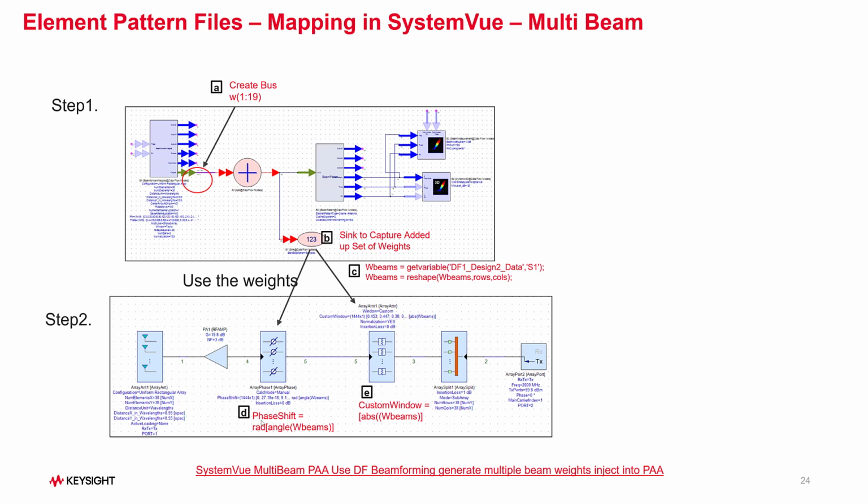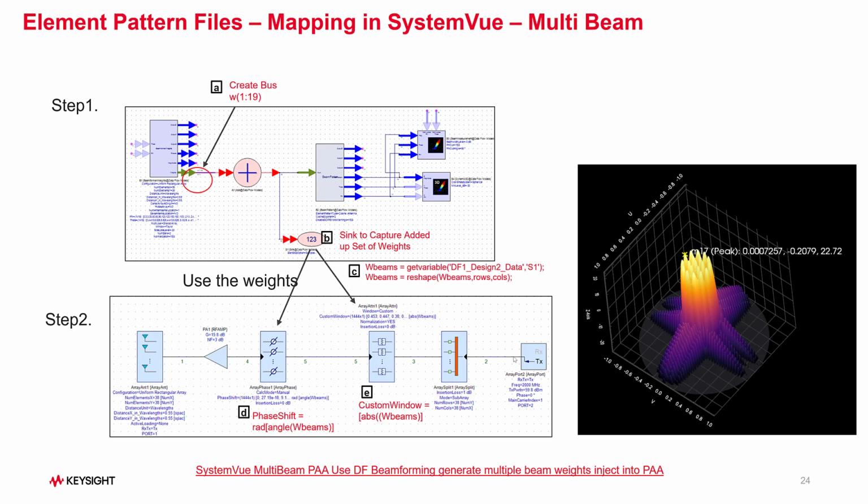Then we bring those angles of the W beams and assign them to the phase shifter. We bring the amplitude and assign them to the attenuator. The phase shifter and attenuator together will then produce the 19 beams as shown on the right hand side.